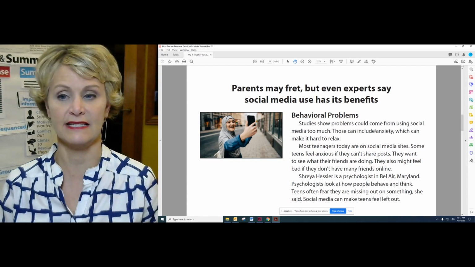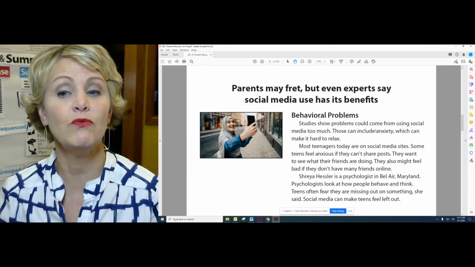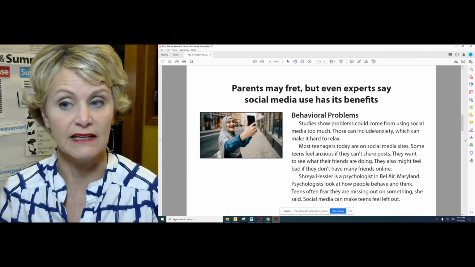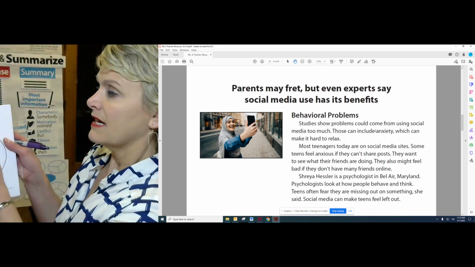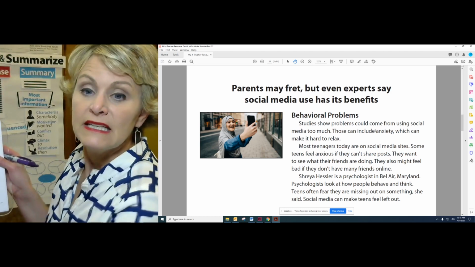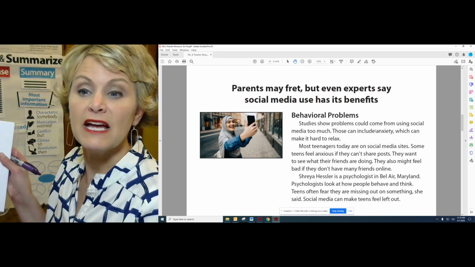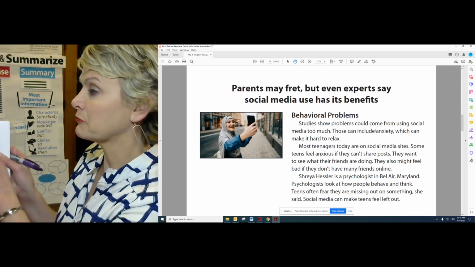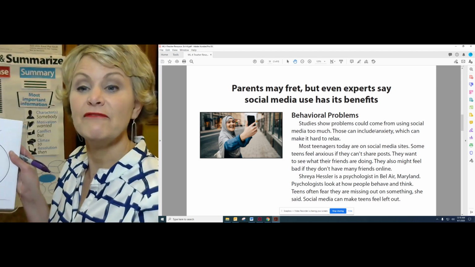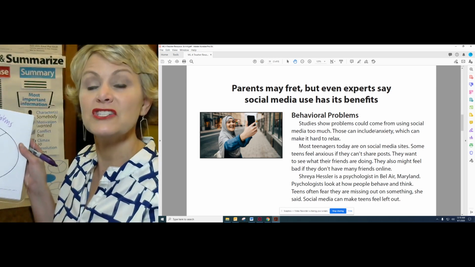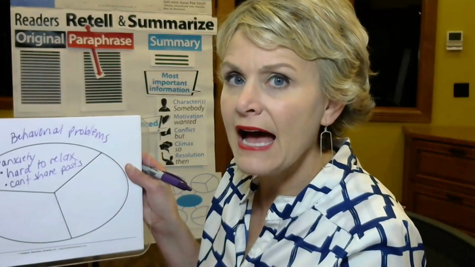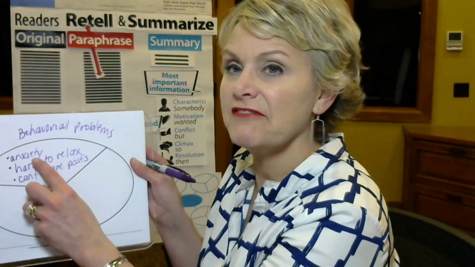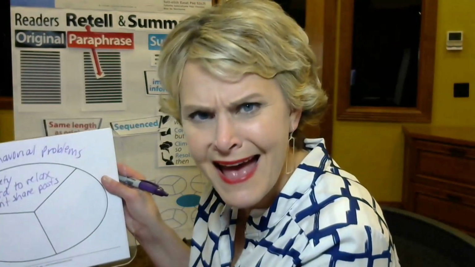Let me read the next sentence. They want to see what their friends are doing. They also might feel bad. My thinking voice is saying that's a problem. If they don't have many friends online. A problem is they feel bad if they don't have many friends online. Is feeling bad part of anxious? Yes.